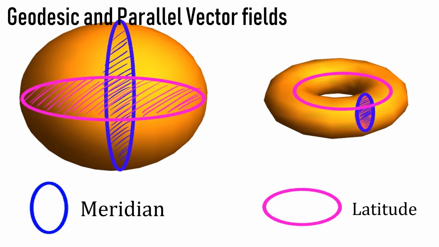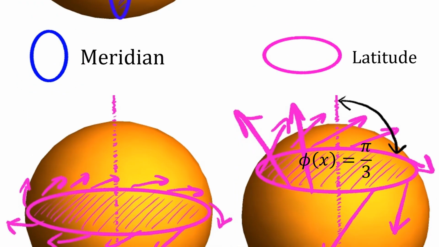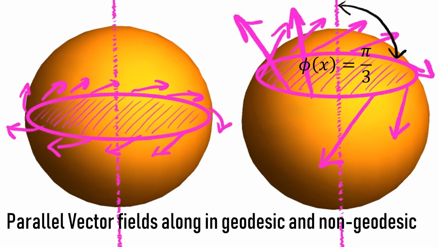And the latitude is the horizontal circle with the pink line, and we wanted to see the relationship between latitude and geodesics. And here, this is what's happening. We have two different latitudes. The one on the left is a latitude on the gray circle, and we can see that the vectors are parallel.